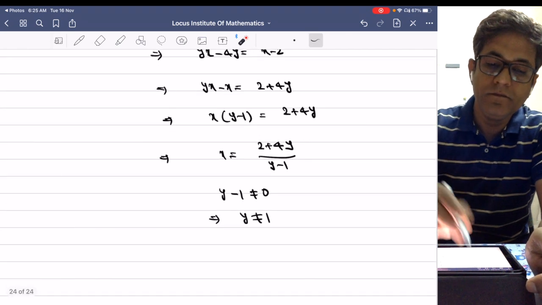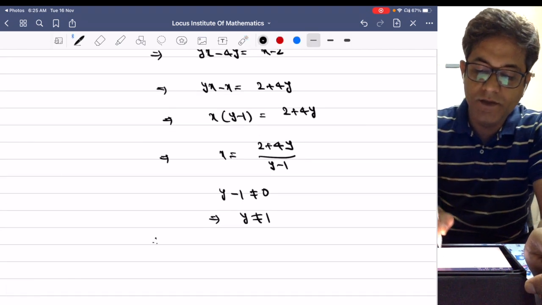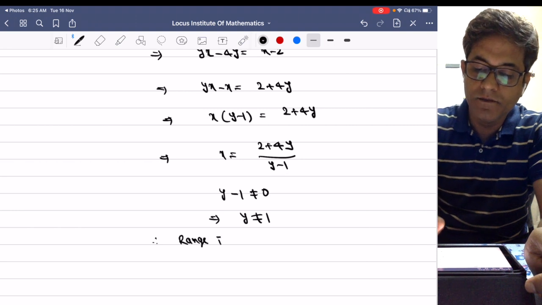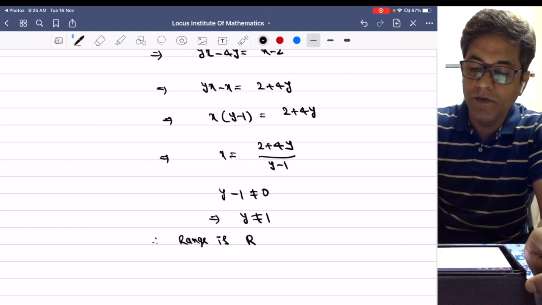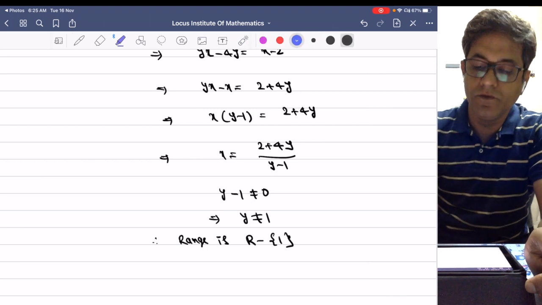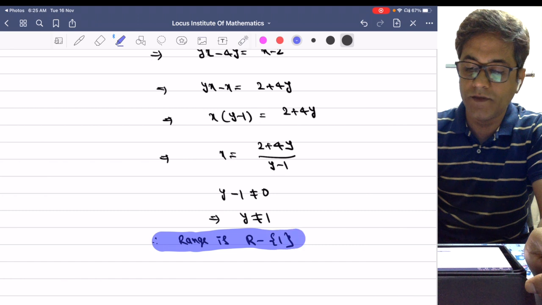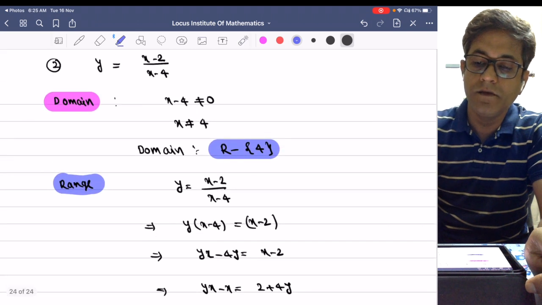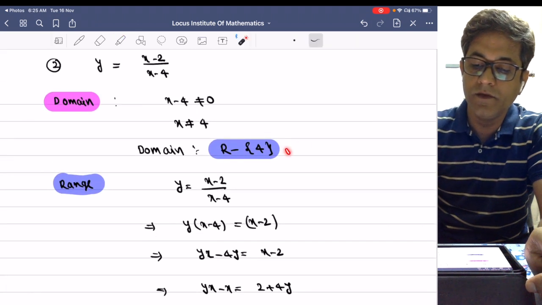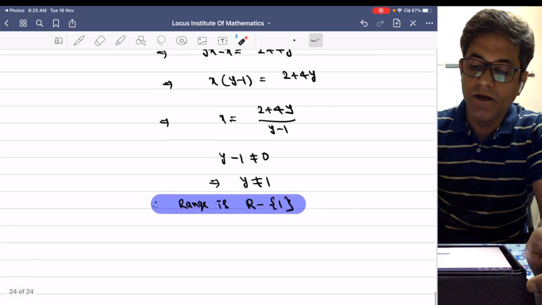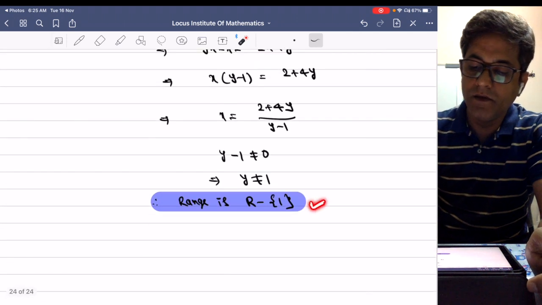Therefore the range of the function is all real numbers except 1. So this is the range of the function. Here the domain, that is the x values or input values, is all real numbers except 4, and the range is all real numbers except 1.